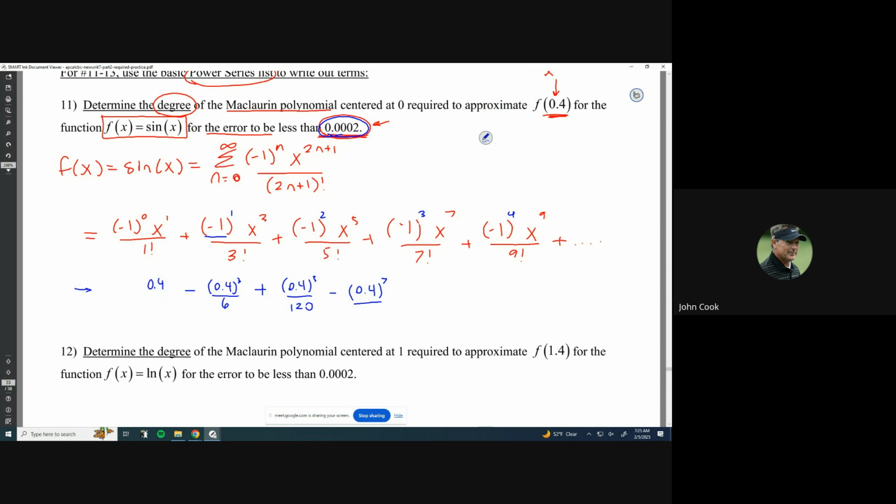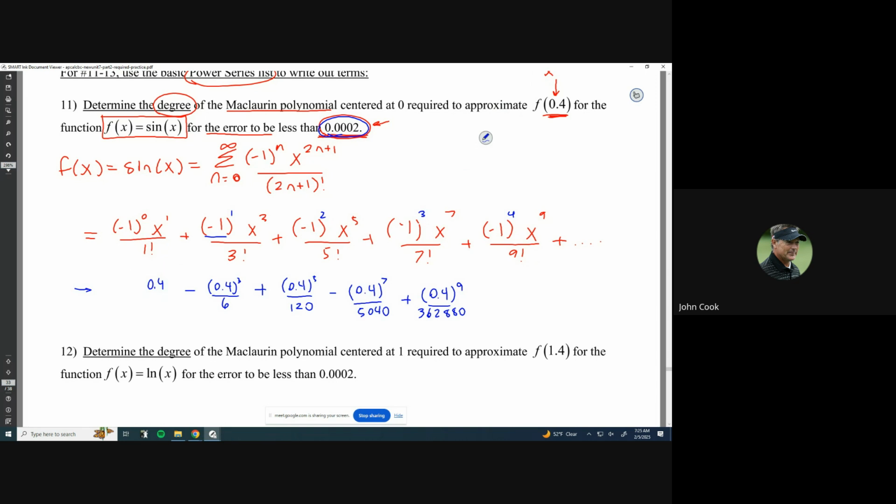So 7 factorial is 5,040. And then plus, 0.4 raised to the 9th power over 9 factorial. Oh gosh, 9 factorial. Whoa, that's a big number. 362,880. I do have a feeling that it's going to be way before that one.